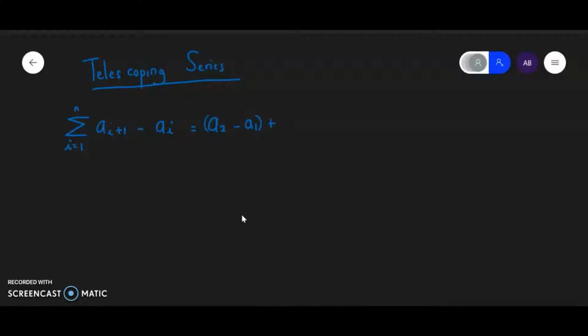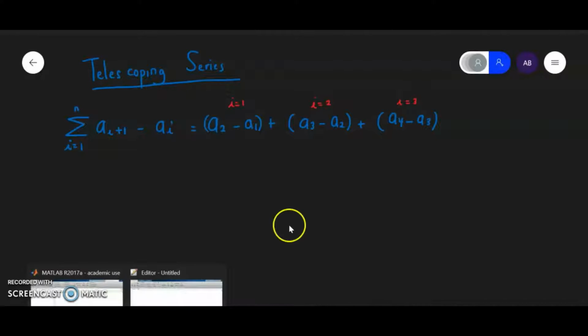This is a series, so I add them: when i equals 2, a3 minus a2, and when i equals 3, a4 minus a3. Now what about when i is n?